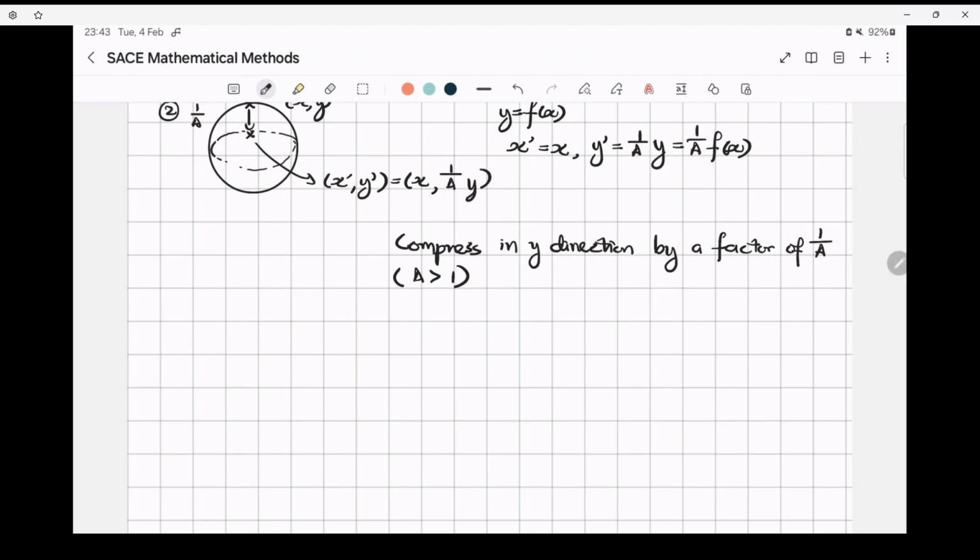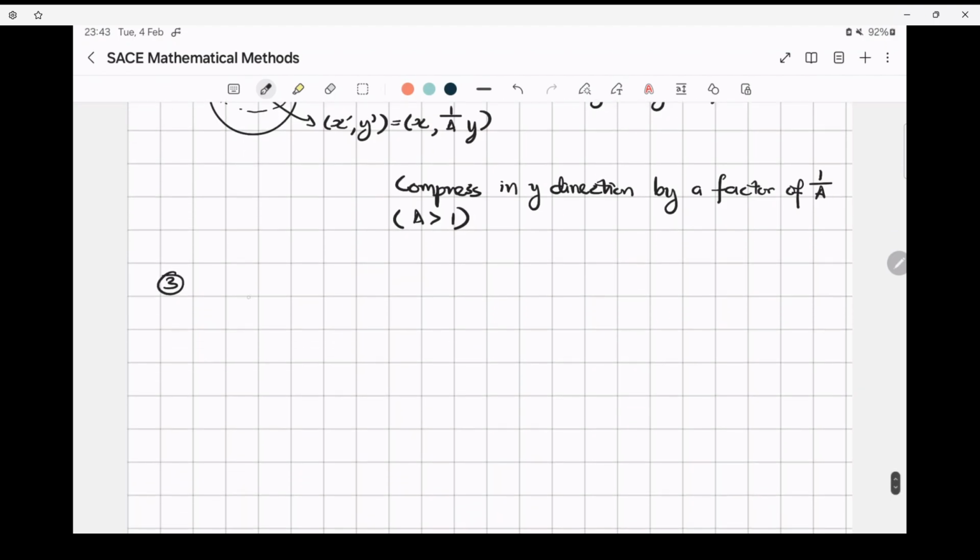The third transformation will be along the x direction. So let's say you have a circle. If you stretch along the x direction, it will become an oval like this. Your original point here is x, y, for example. It will be stretched outwards and reach x prime, y prime.